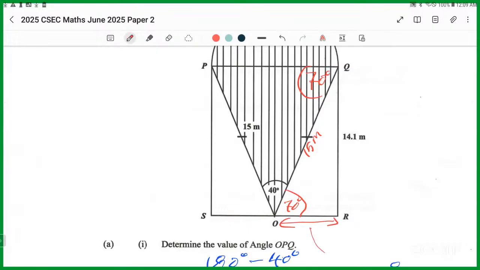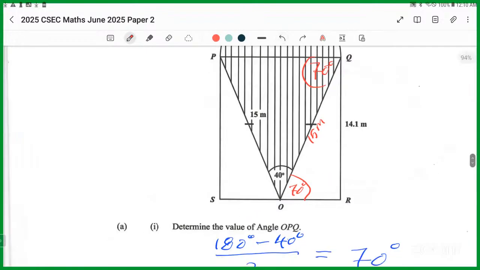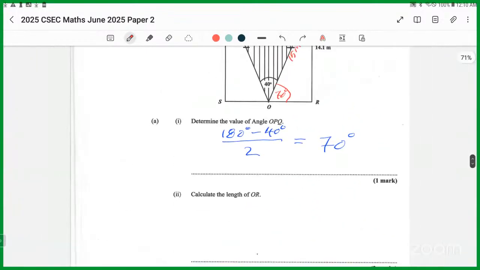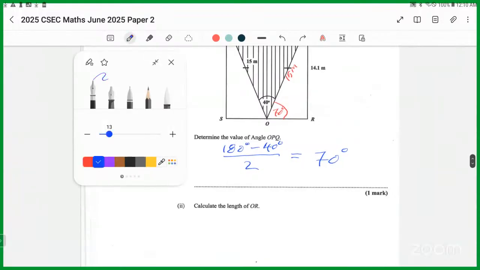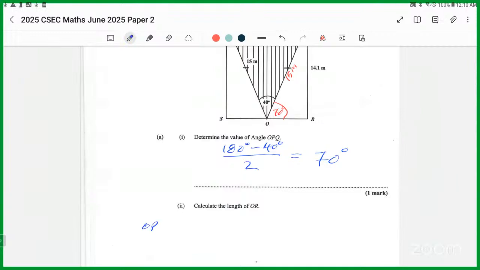We can find out if this dimension is correct by using two methods. We're going to use Pythagoras theorem using these two sides, and then I'm going to use the angle and see if we get the same answer. Also double check. So let's use Pythagoras theorem first. OR will be equal to the square root of the hypotenuse squared minus that 14.1 squared.